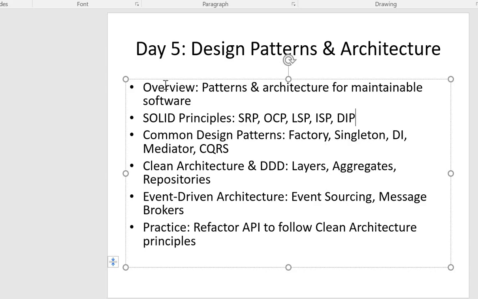Let's first discuss the SOLID principles of architecture. SOLID is nothing but a name where each and every letter has a definition behind it. S for single responsibility, O for open and closed, L for Liskov substitution principle, I for interface segregation, and D for dependency inversion.